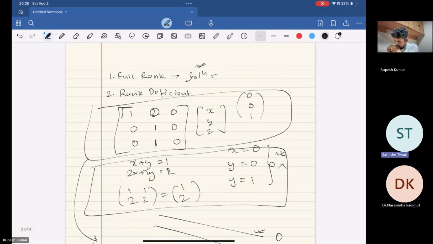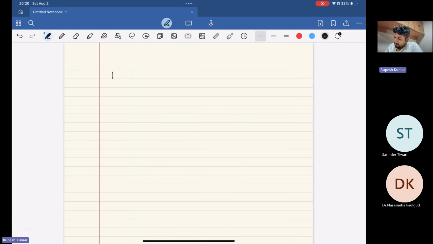You're right, sir. So basically, there are three cases. Full rank, which means a unique solution. Let's not talk about free variables, but you have pivots, right? You have some pivots. Pivots equal rank, right?